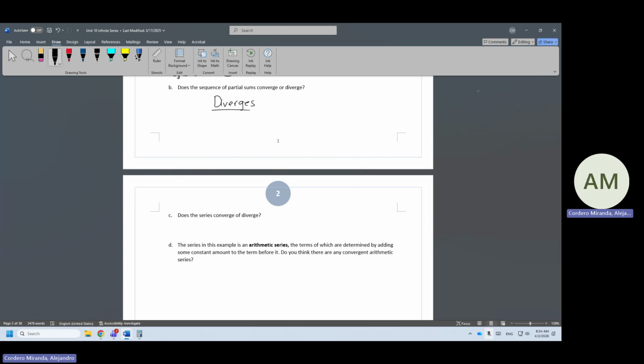It's a subtle difference in the question, but they're going to have the same answer both times, because whatever happens to this determines what happens to part C. So for part C, does the original series converge or diverge? Well, since part B diverged, then of course this diverges.